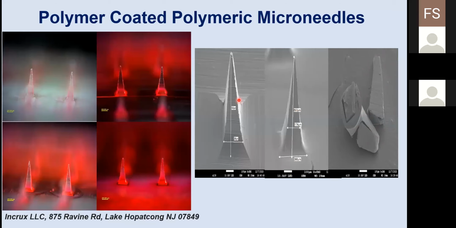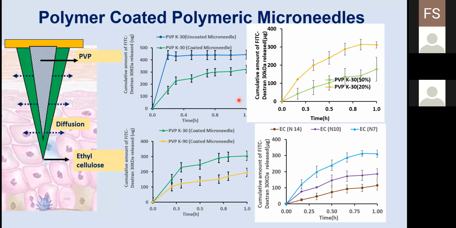So we use this for delivering drugs, and again we used 30 kilodalton dextran as a model molecule to see if we can play with the design variables to get the desired release. The first graph shows how the uncoated and coated microneedles differed.